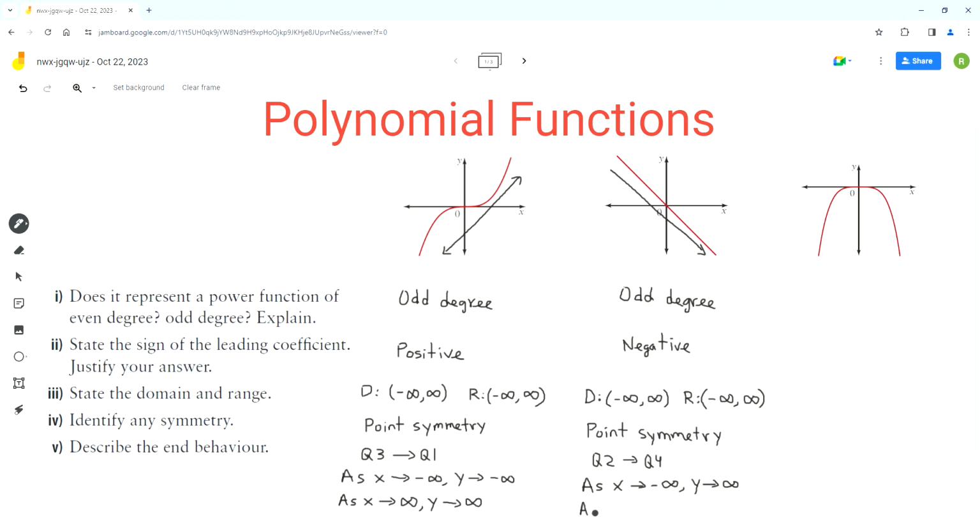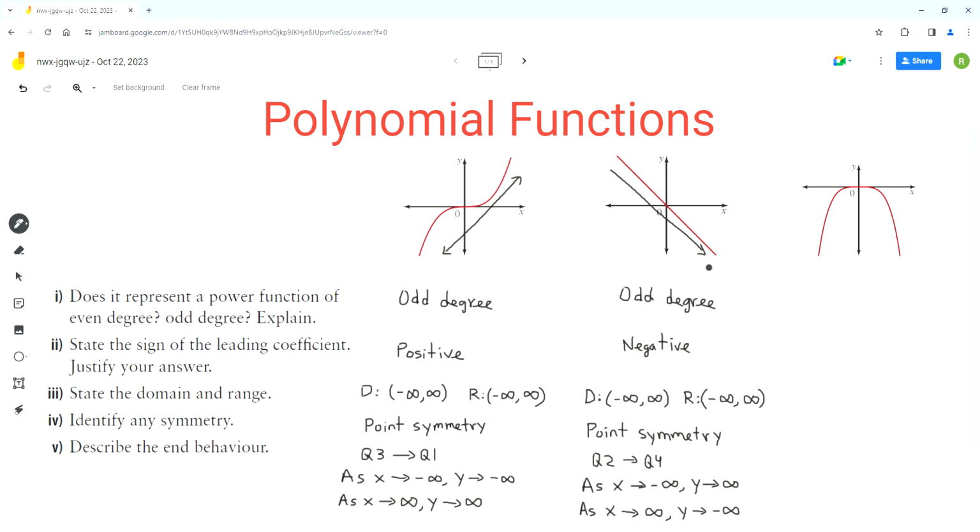And then as x approaches positive infinity, y approaches negative infinity. That means as we go on the right side, the graph keeps going down. So that's the end behavior for this middle graph.